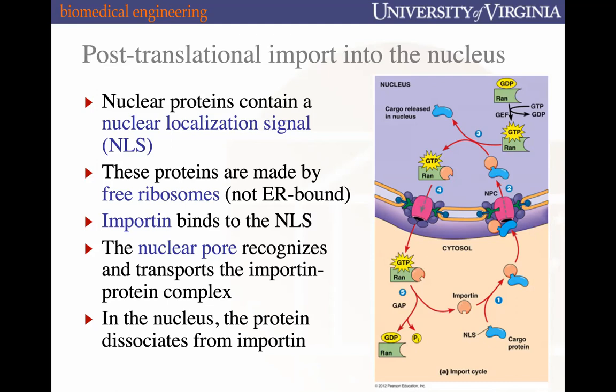So when we have proteins that have been translated by free ribosomes, not by ER-bound ribosomes, this protein with a nuclear localization signal is going to be in the cytoplasm, and its fate is to be in the nucleus where it has its designated function.